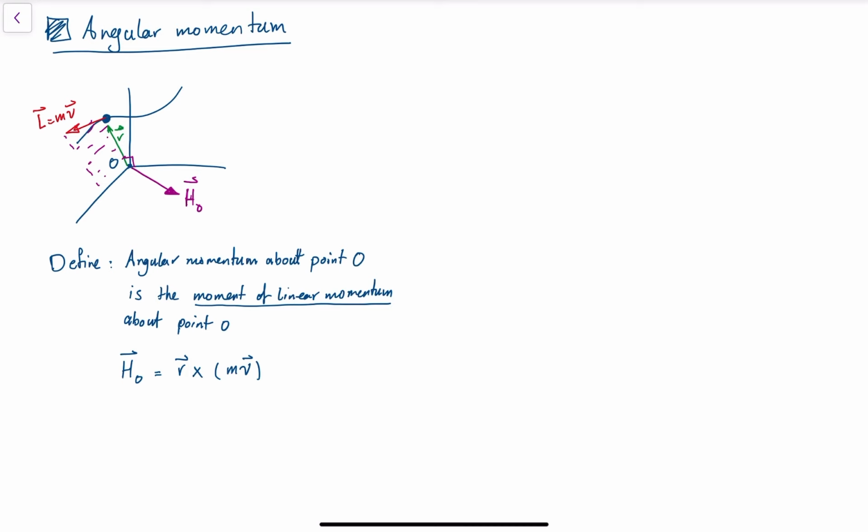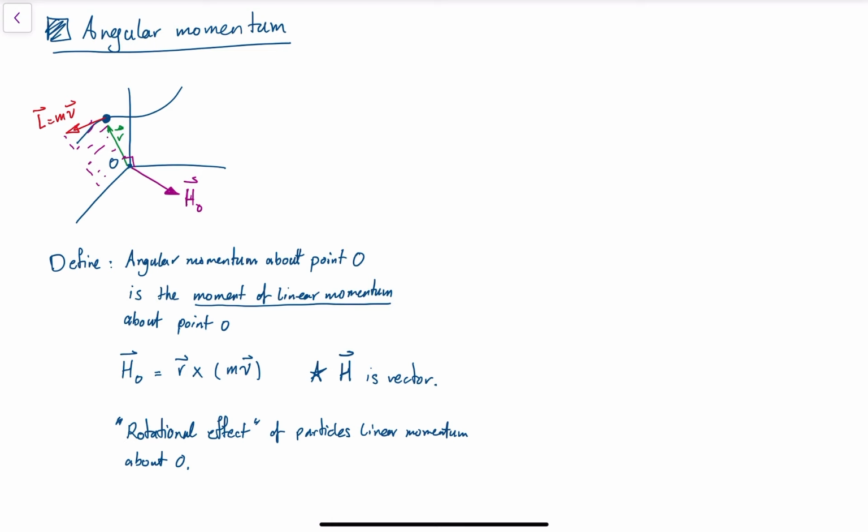Even though there could be absolutely no rotational motion, just a particle going along a straight line, because you are looking at it at a distance from reference point O, there are some rotational aspects to this linear motion, and that is reflected in your angular momentum. So again, very important, note here that h, angular momentum, is a vector.